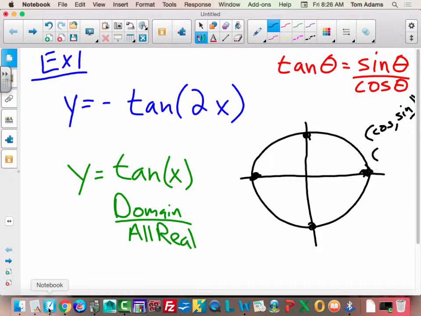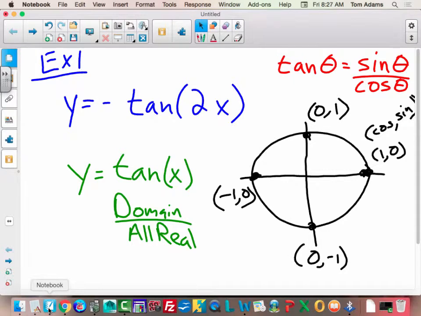So this point right here is 1, 0. This one here is 0, 1. This one here is -1, 0. And this one is 0, -1. What we're looking for is when cosine, the first term, is equal to 0. So that occurs here, and that occurs here.